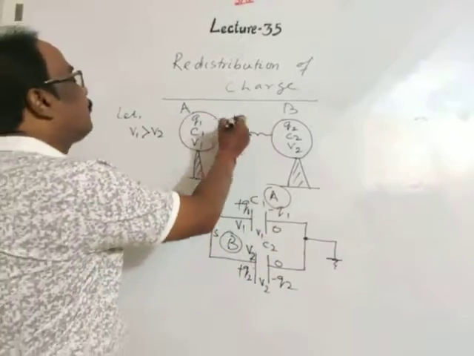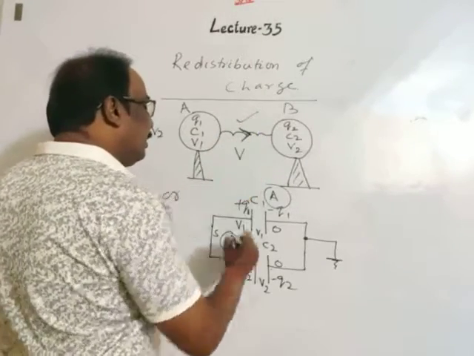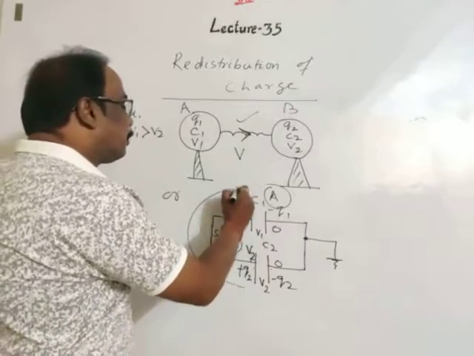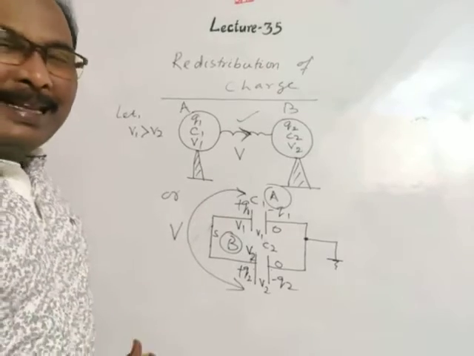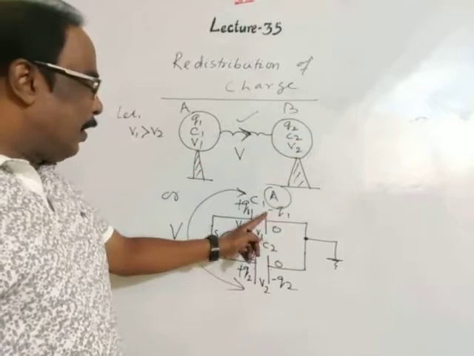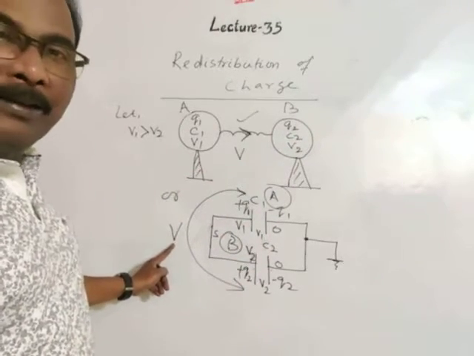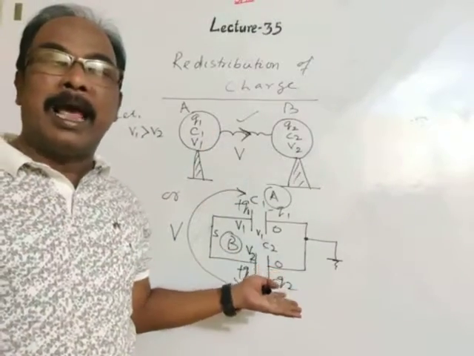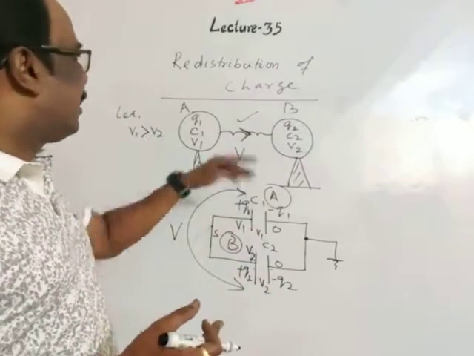Okay. Now charge flows from body A to body B till they attain a common potential, or in this case, both the capacitors attain a common potential V. Charge flow continues till both the bodies or both the capacitors attain a common potential V. Now charge is redistributed or charge is shared.